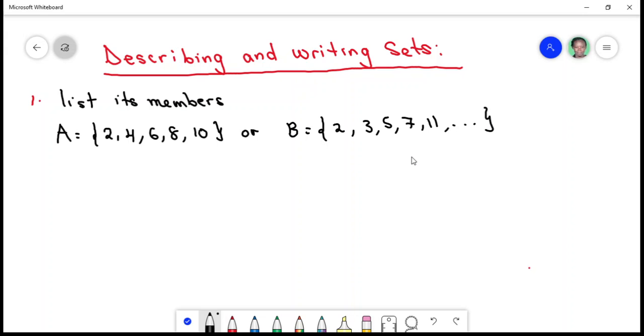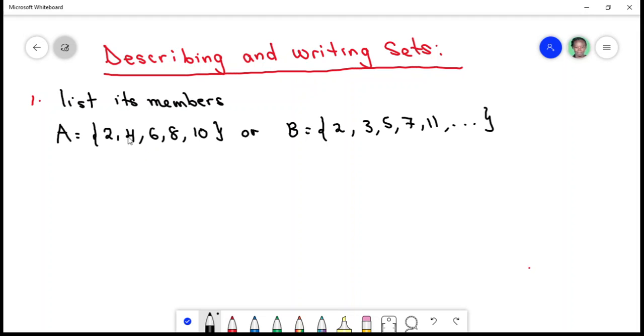Okay, you realize that this is what I've been able to do: list the members of the set. For this, I have listed the members. But you know what the set is.